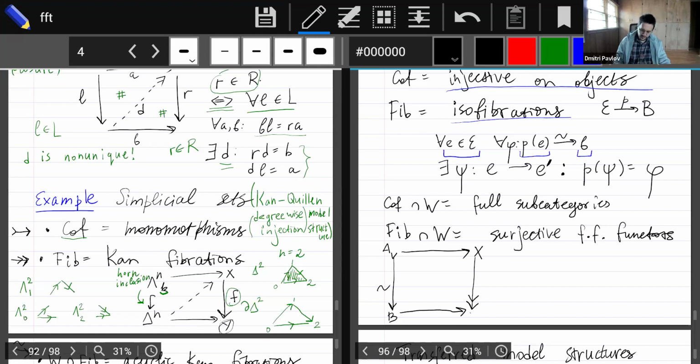And a functor from X to Y is a fibration, meaning it's an isofibration. It has this lifting property for isomorphisms. Then the lifting property requires us to find a diagonal arrow. So you have a full subcategory of B, you have a functor from A to X, and if you compose this functor with the functor from X to Y, you have an extension to B. And you want to lift this extension to X.